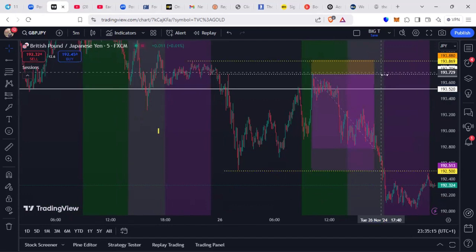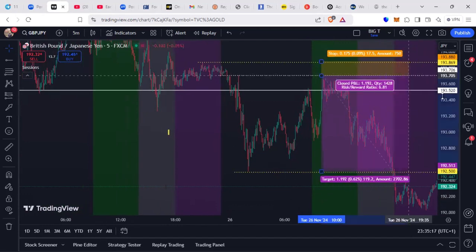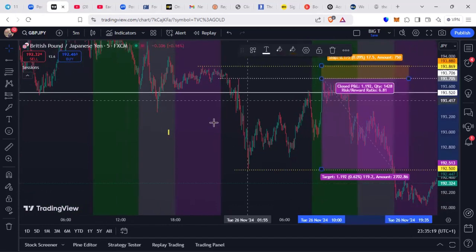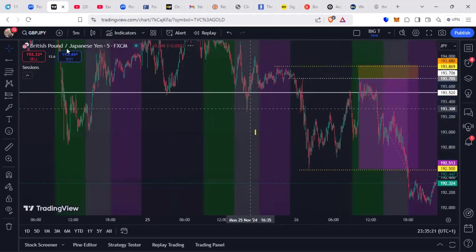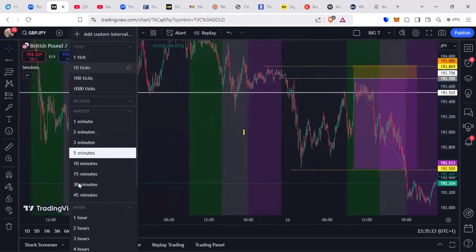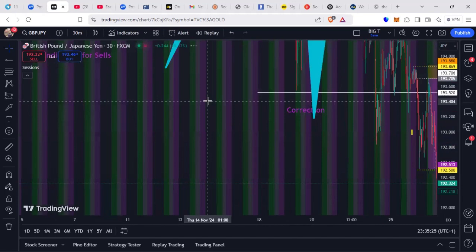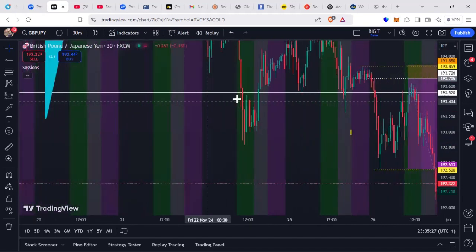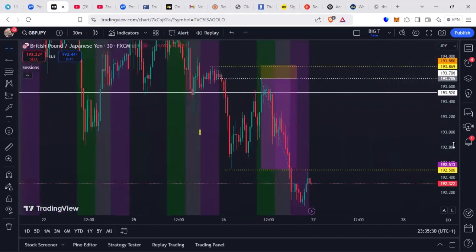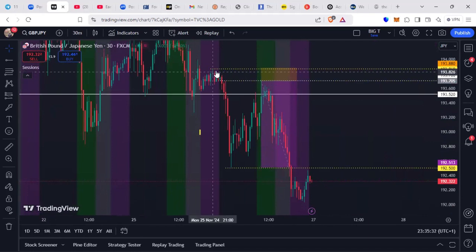Same thing over and over again, ICC, same thing over and over. So first thing, if you notice, let me scroll into 30 minutes. From here, we had price indicating sells down to this level.